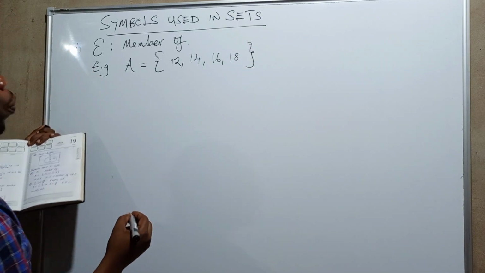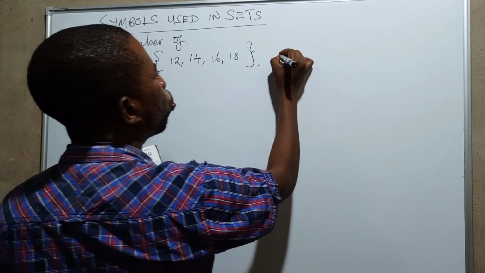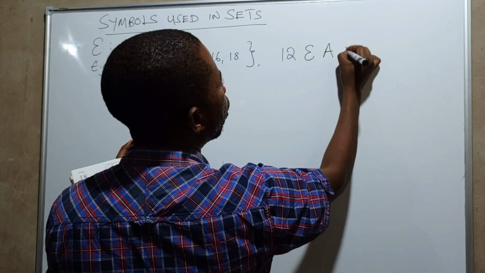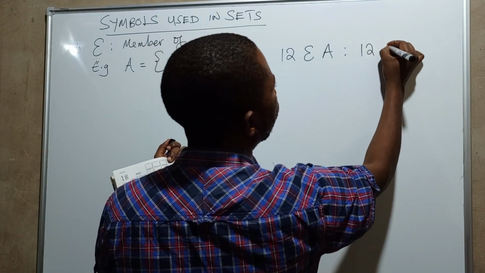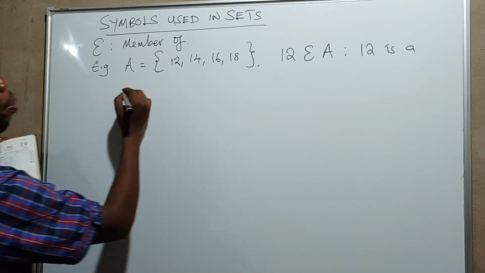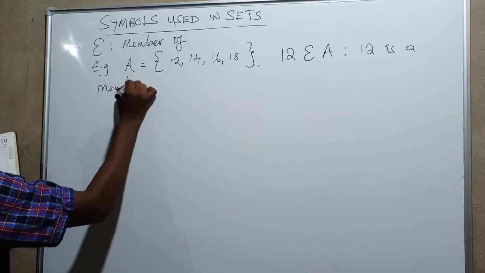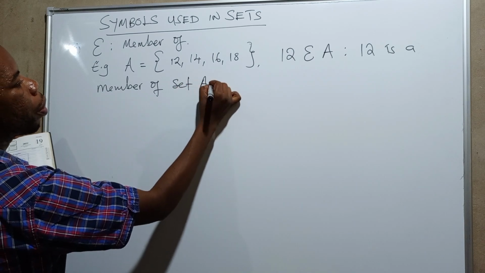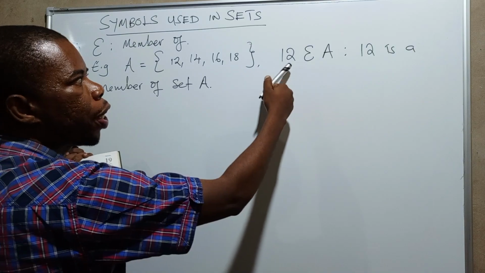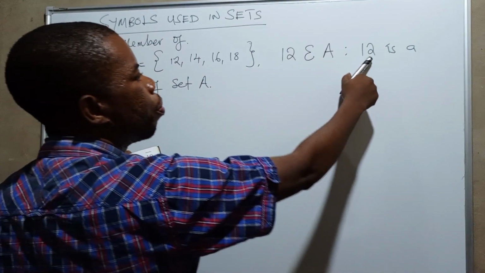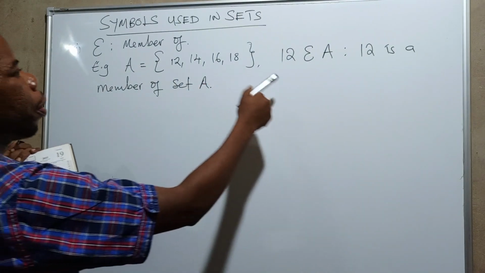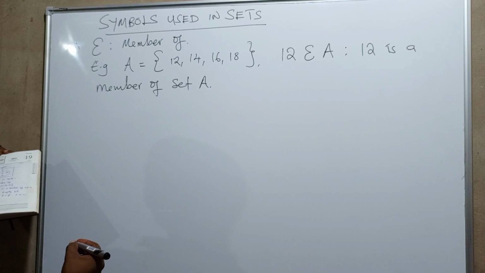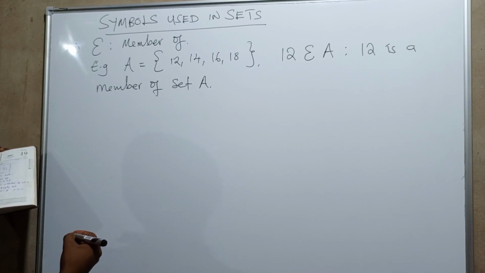Then we can say that 12, for example, is a member of set A. So this can be read as 12 is a member of set A. So writing this, when you find this written like that in mathematics, it's just simply 12 is a member of set A. That's what this symbol represents, member of.